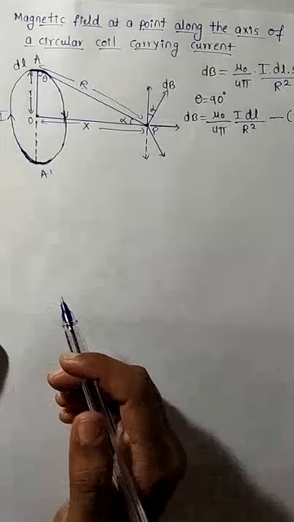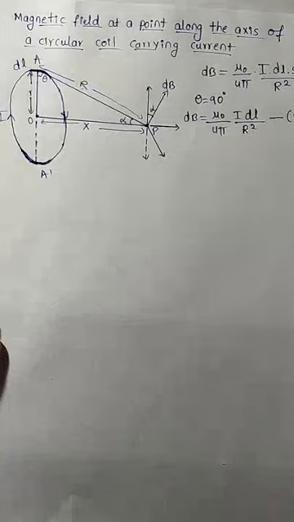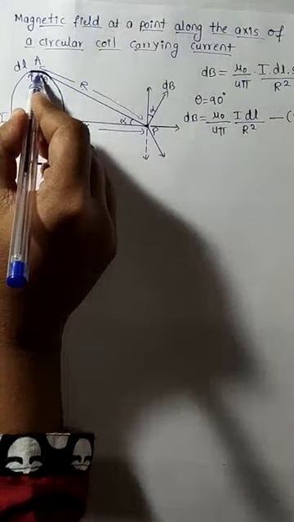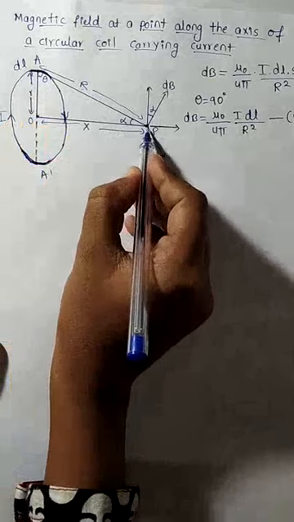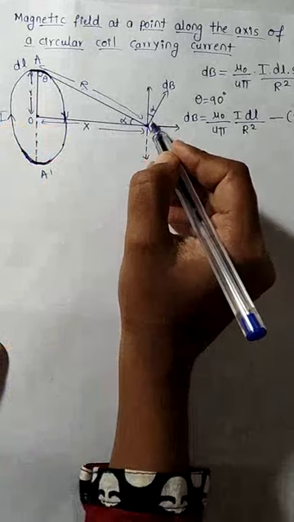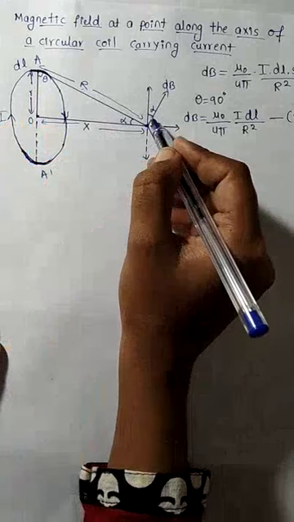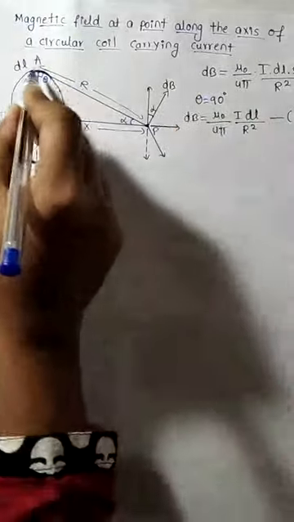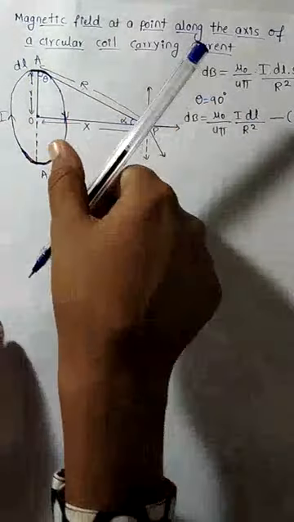In the picture, this is the current element which is producing a certain magnetic field at a point P. The direction of that magnetic field, as it is a vector quantity, is perpendicular to the line joining these two. Already I said this one, okay?